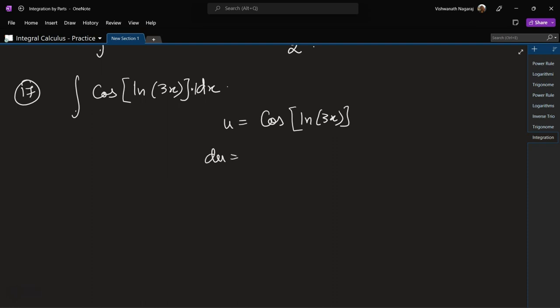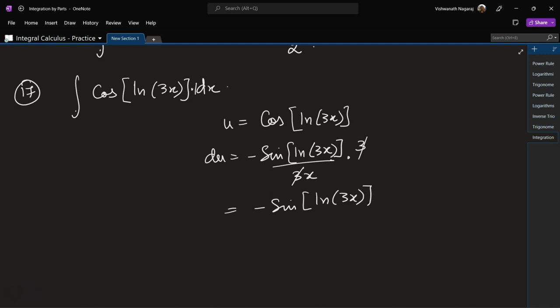So du would be minus sine natural log of 3x, and now we have to differentiate natural log of 3x, so which means 1 by 3x times, now we have to differentiate 3x, so 3. So 3 and 3 cancel, and we end up with minus sine natural log of 3x by x dx, and dv will be dx, so which means v will be equal to x.